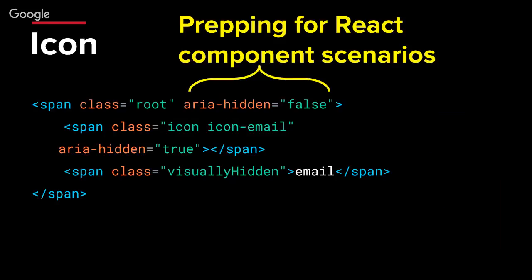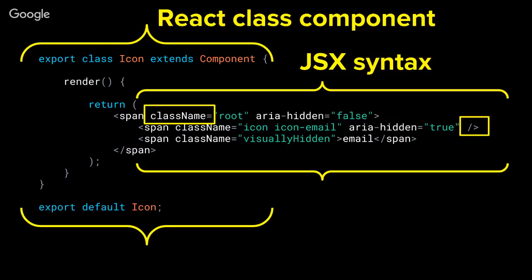Now that we've taken the time to use our high-quality ingredients and added our accessibility spices, let's see what that markup will look like in a React component. This is what the render function of a React component looks like. The render function provides the instructions for the shape of the component that will be rendered into the DOM. Notice this block of JSX syntax.